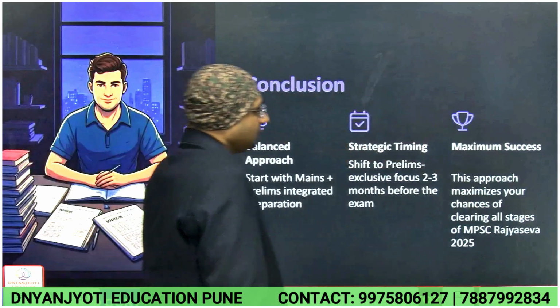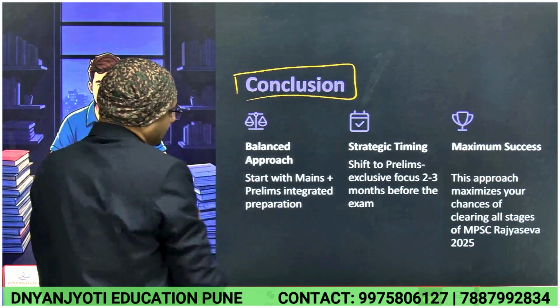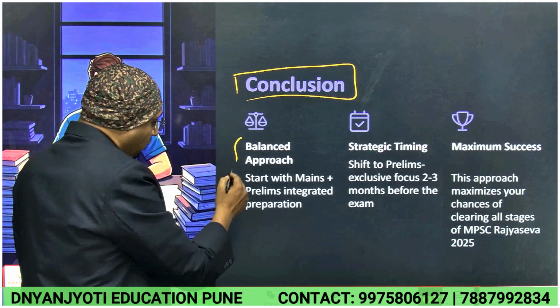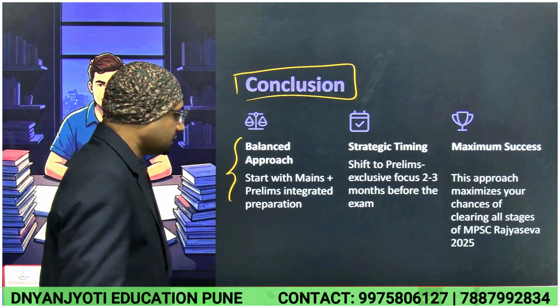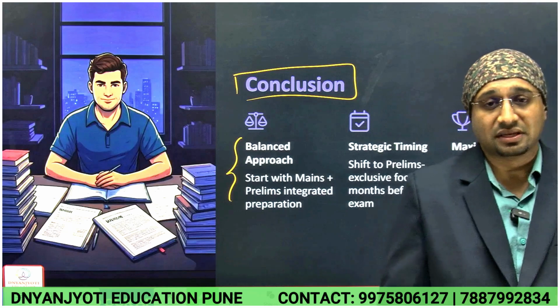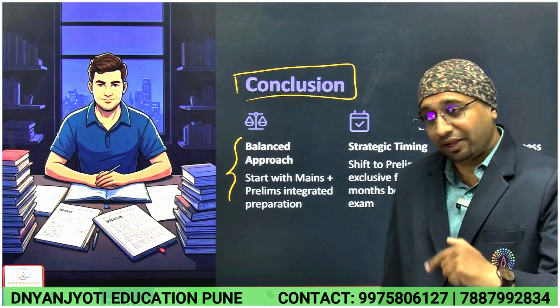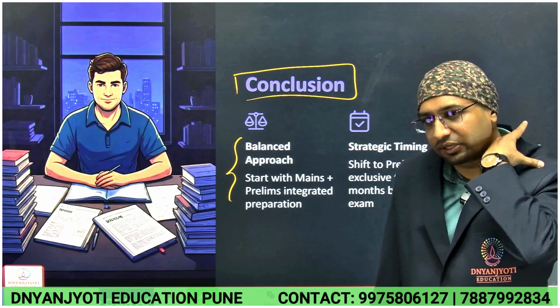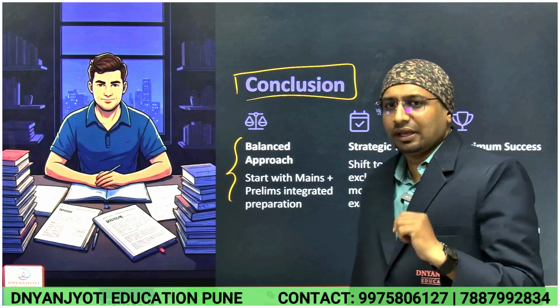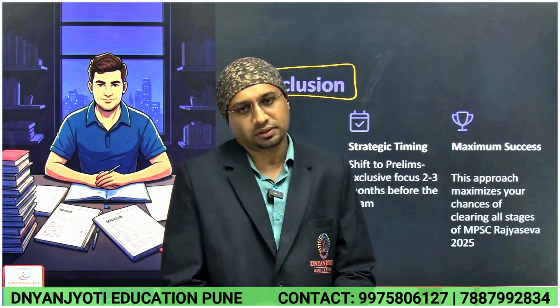Now we will go to the conclusion. A balanced approach is important. You need to maintain the balance, that tranquility. The first key to reaching that tranquility is to understand the examination demand.